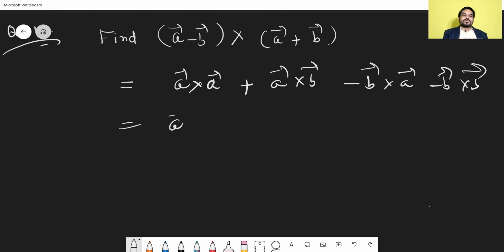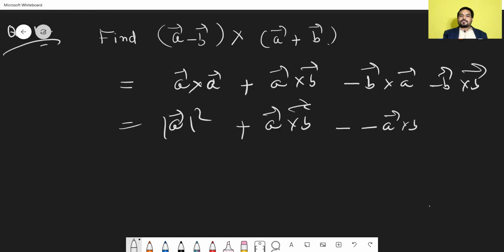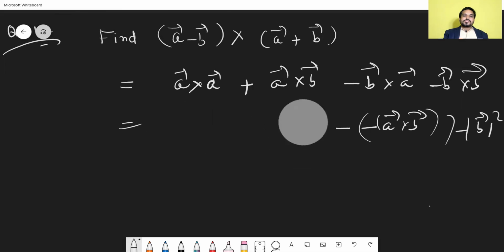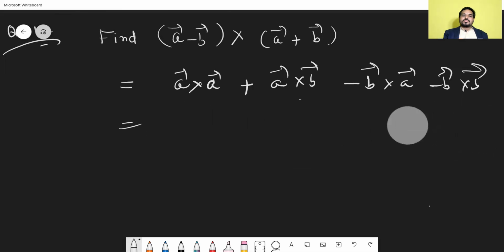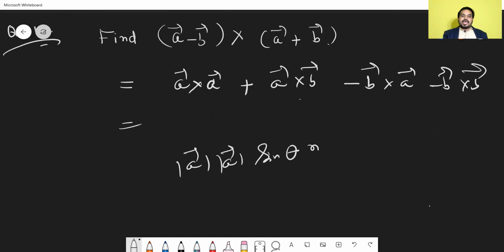And a × a means what? Actually, one mistake is there, it is not magnitude square, because the cross product formula is |a||b| sin θ n cap.